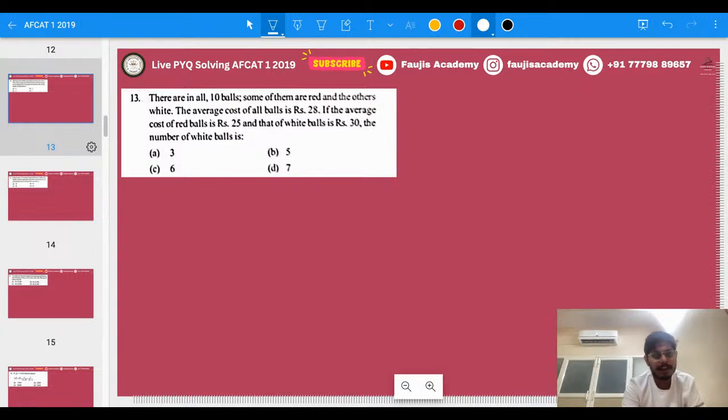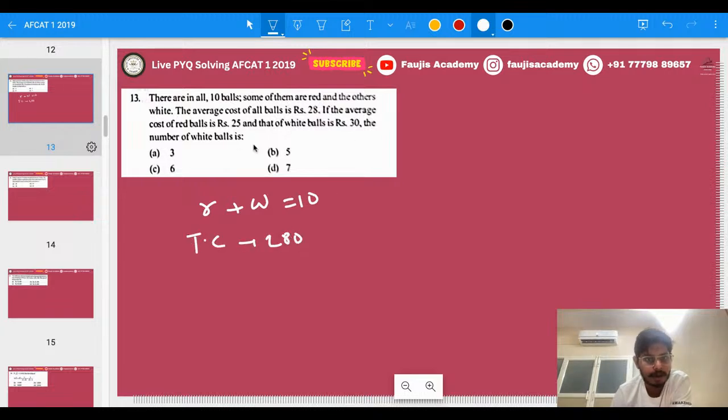There are in all 10 balls. Some of them are red and others are white. We don't know how many are red, how many white. Total are 10. The average cost of all the balls is 28. That means total cost TC is how much? 280, right?